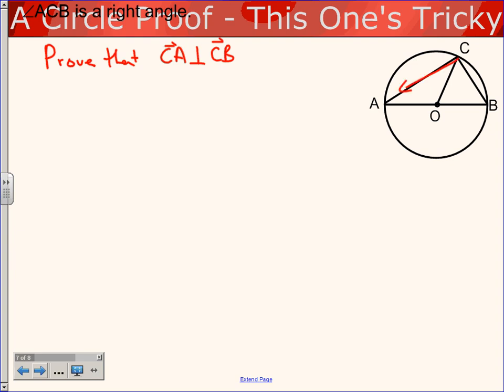Prove that that vector and that vector are actually perpendicular. That's equivalent to proving that the dot product of those two vectors is 0. So that's what we're going to try and do. Can we show that CA dot CB equals 0?